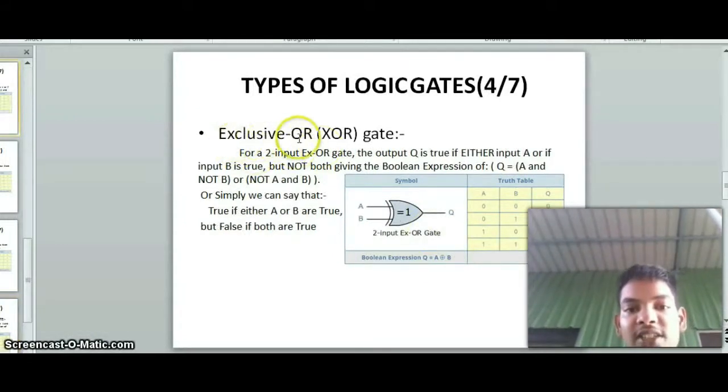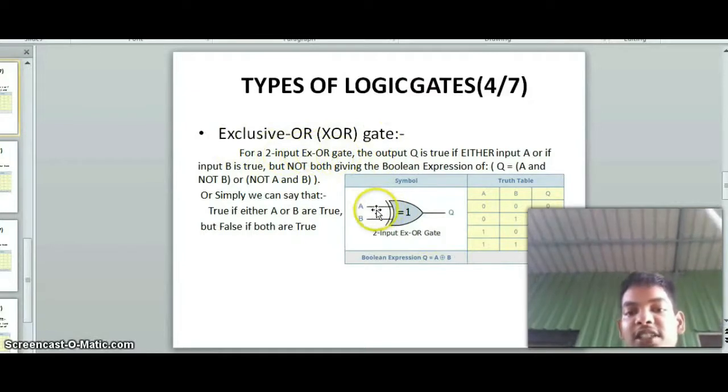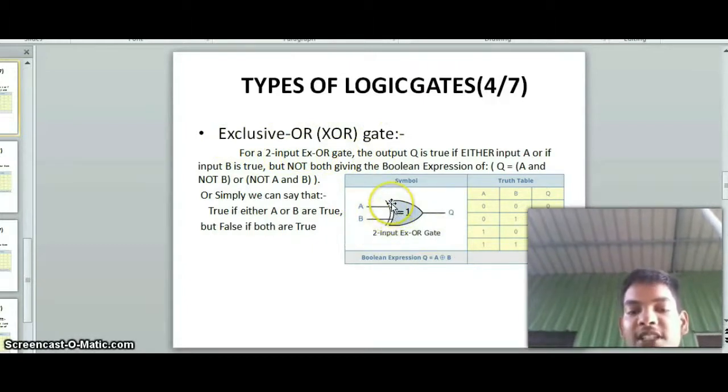Next is the exclusive OR, XOR gate. This is a very interesting gate because it is the same as any other, but it works in a very different way. The physical symbol of this has a double concave structure with one single output and a double input.